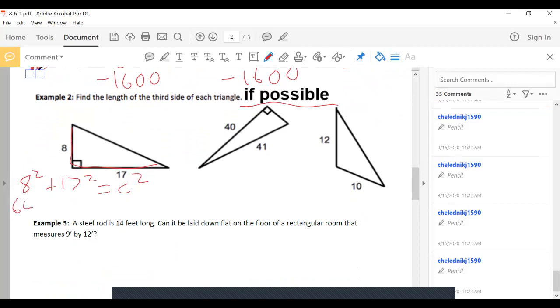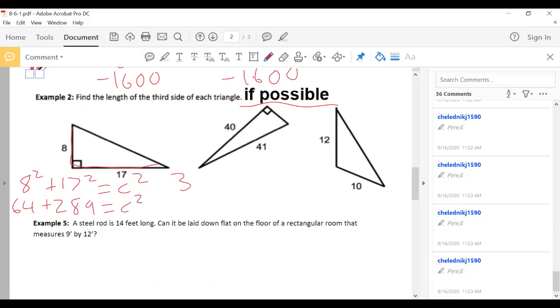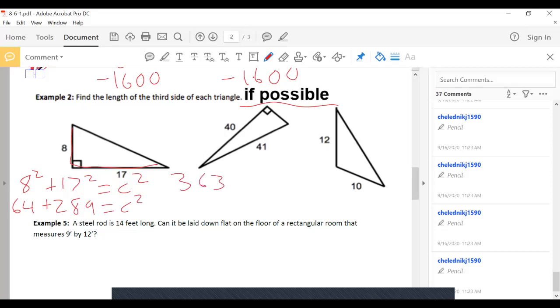That gives us 64 plus 289 equals c squared. 64 plus 289 is 300... I think it's 389 anyway, or 289, pretty sure. That comes out to 300 and, oh my gosh, 363. Is that right? I hope I'm doing this math right.